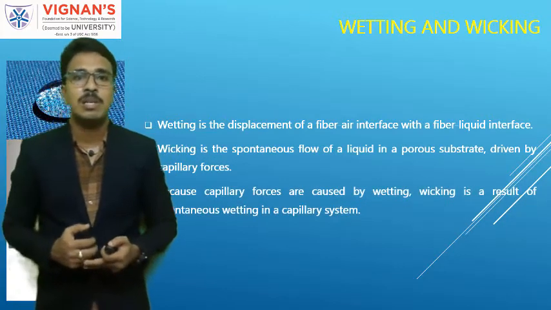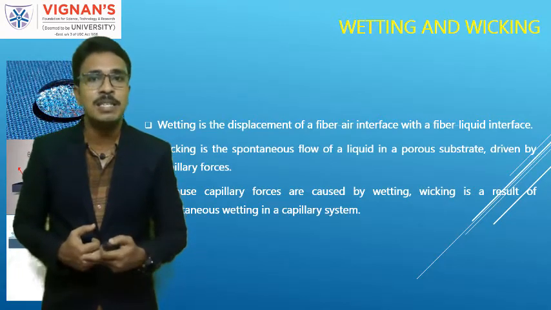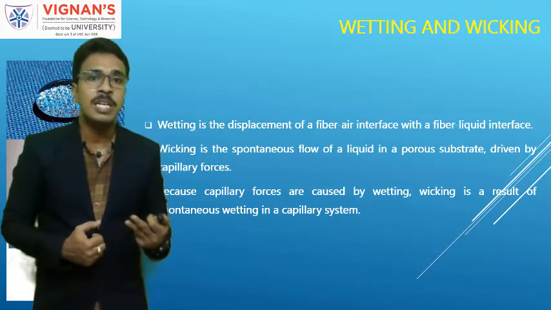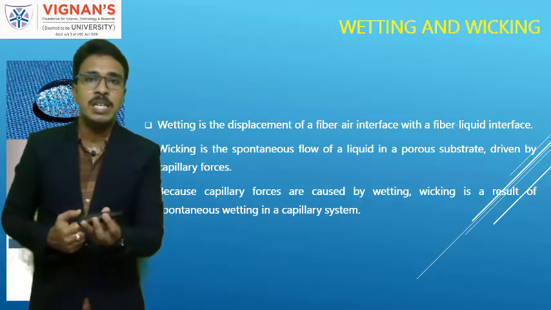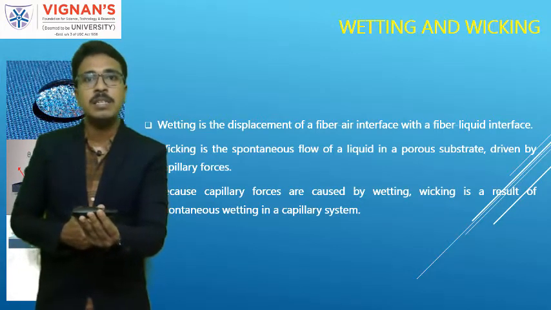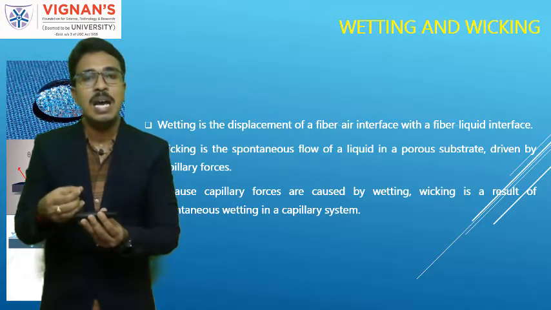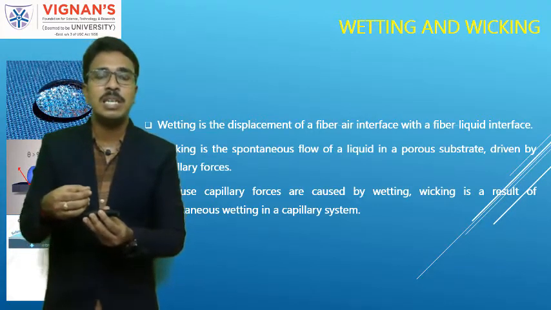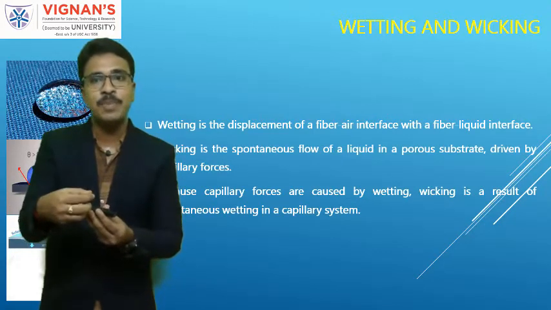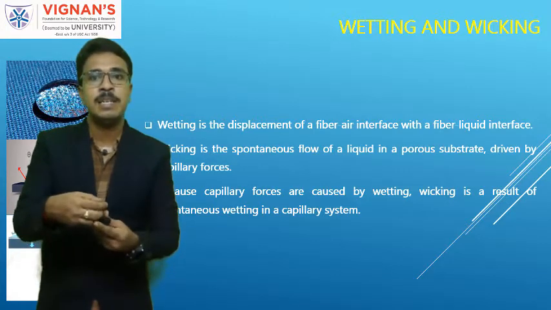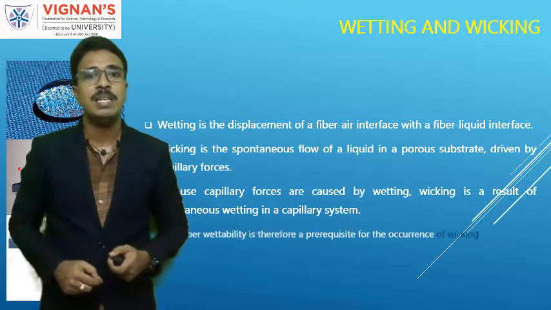Because the capillary forces are caused by wetting, wicking is the result of spontaneous wetting in a capillary system. So initially, if you take a fabric surface and put a drop of water, wetting takes place, and that causes the capillary forces, which make the water droplet flow through the pores in the fabric surface.